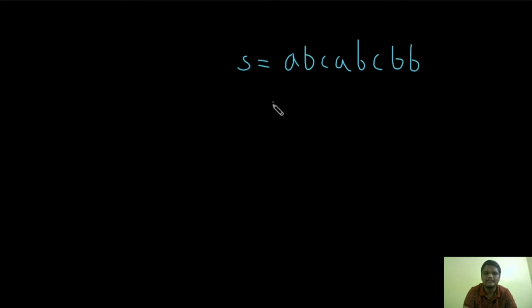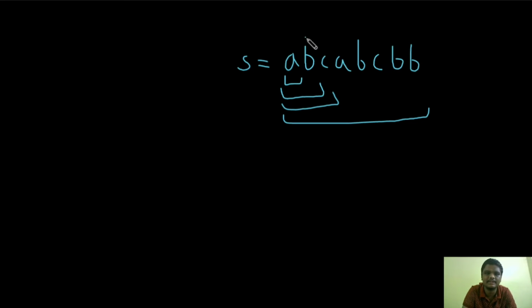So the brute force solution for this problem is that we can take each substring, like at first we can take A, then we can take AB, right, and then we can take ABC. Like this way we go to the end of the string, and we check whether that string contains unique characters or not.